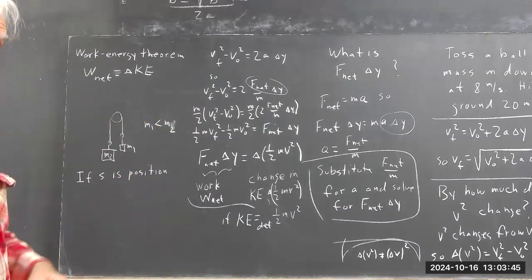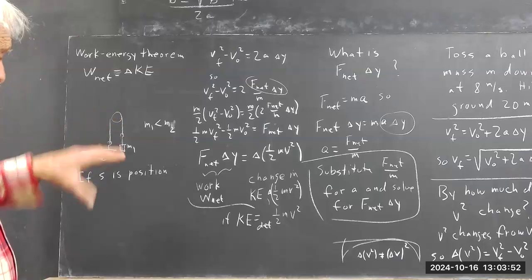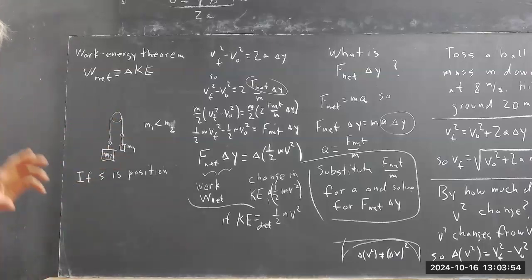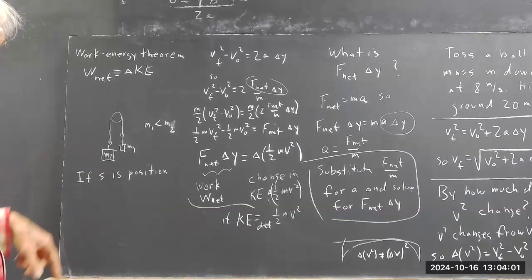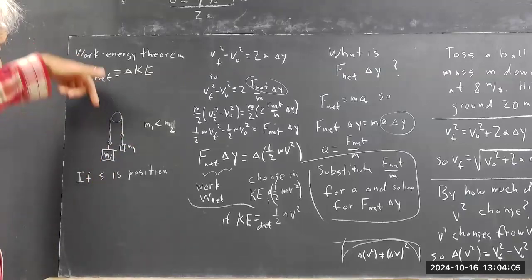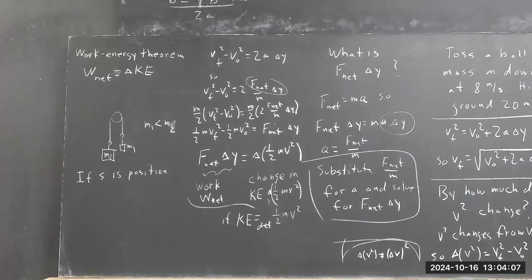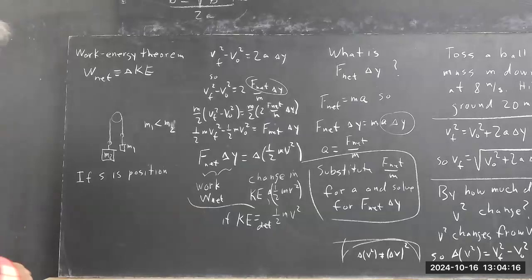System's kind of rotating like we talked about earlier. I could use omega for position, but that could be confusing at this time. So I'm just going to use S, where S is greater if the thing is further along this. So S is greater if M2 is descending. In any case, S is the position.